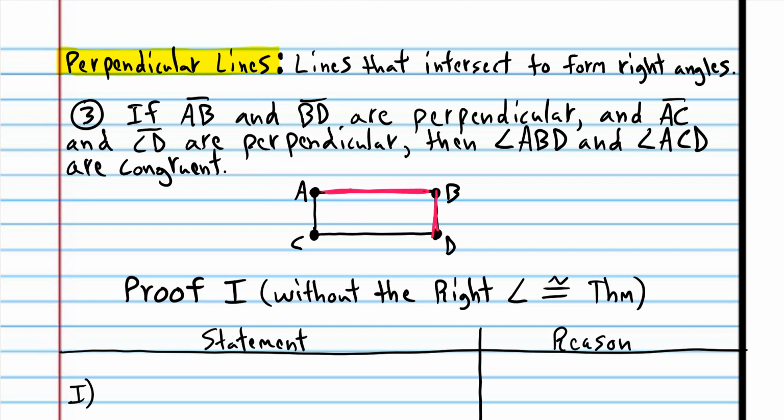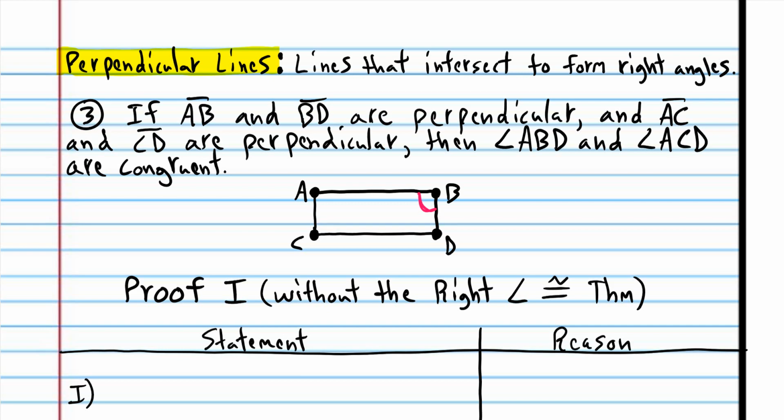If these two segments are perpendicular, and segment AC and segment CD are also perpendicular, so AC is here and CD is here, these are also perpendicular, meaning that's a 90-degree angle. Then angle ABD and angle ACD are congruent.